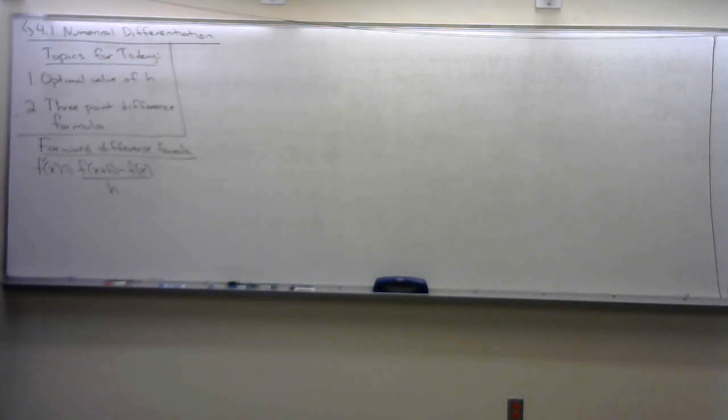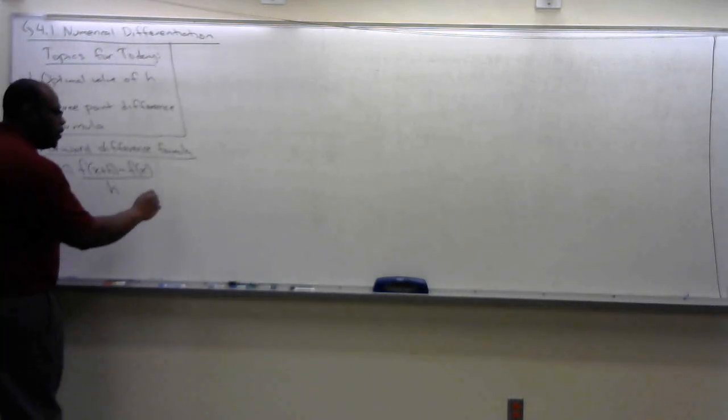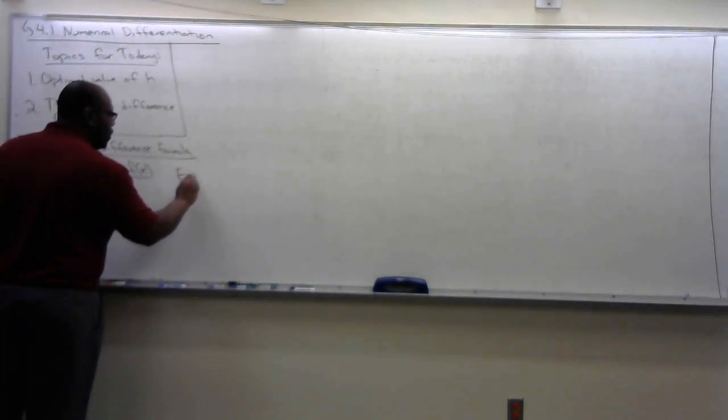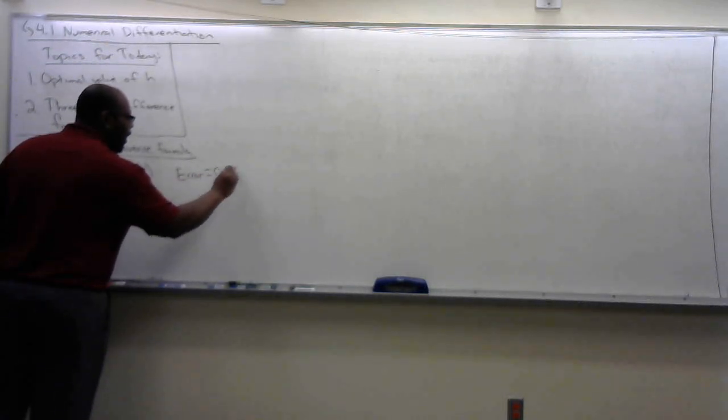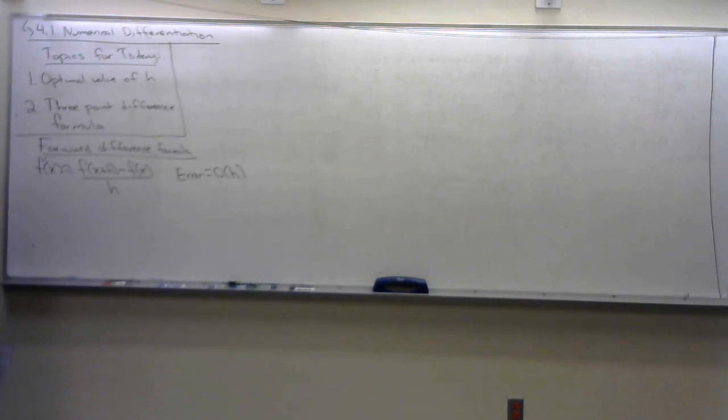This is the forward difference formula. And we derived this by using a Taylor series about f of x plus h. And then we found out that the error, and I gave you guys the exact error, is essentially big O of h. Our error is big O of h when we derived this formula.